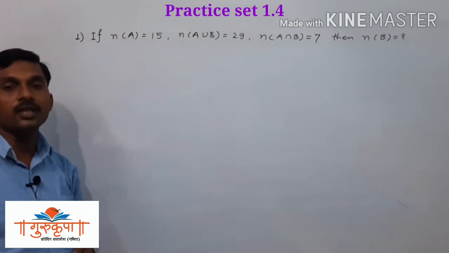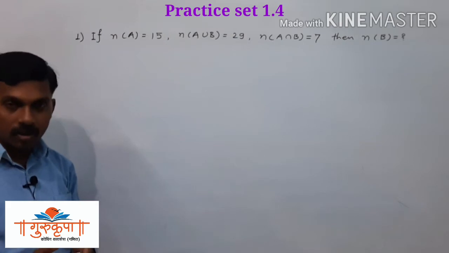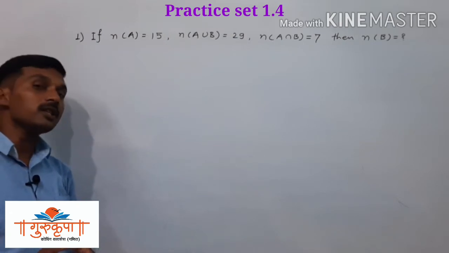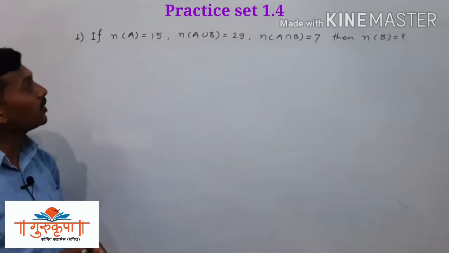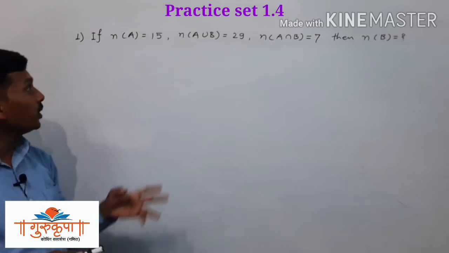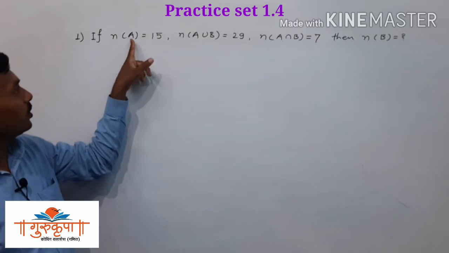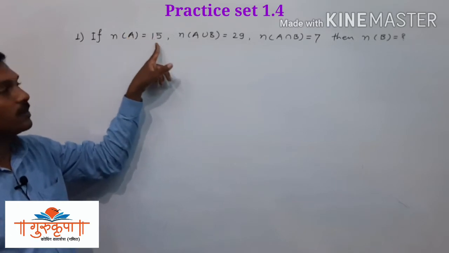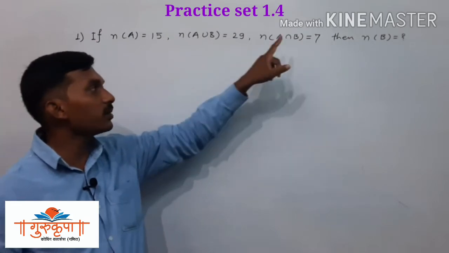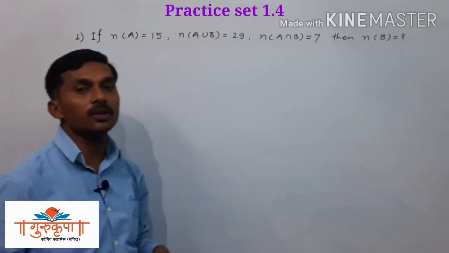It relates the number of elements in set A, in set B, in their intersection and in their union. Out of these four we know three values: n(A) is 15, the union is 29, and we have the number of elements in their intersection.